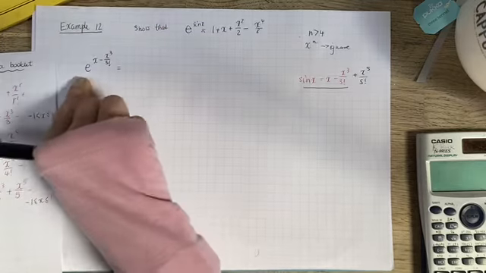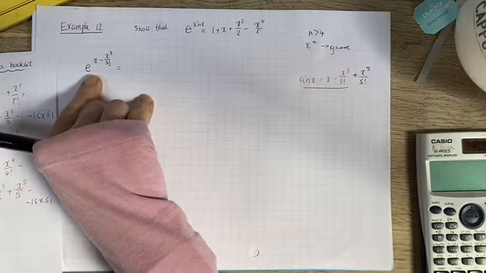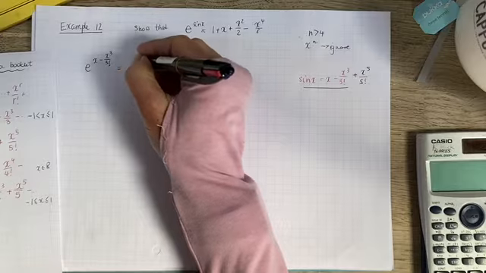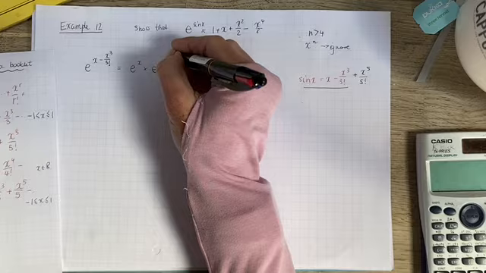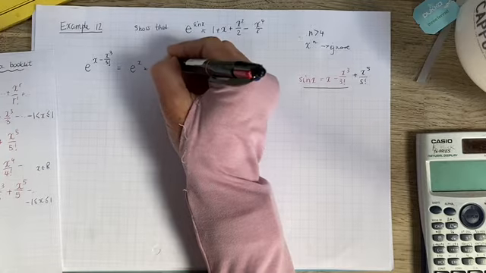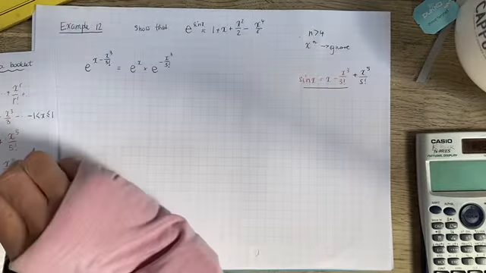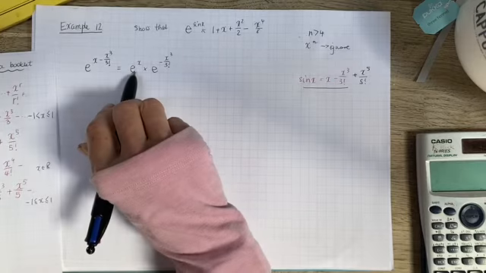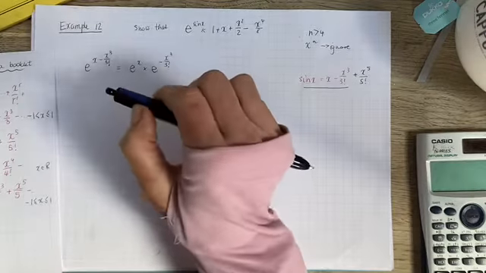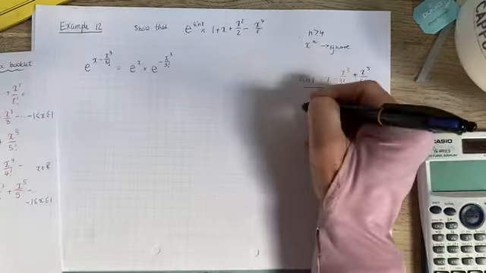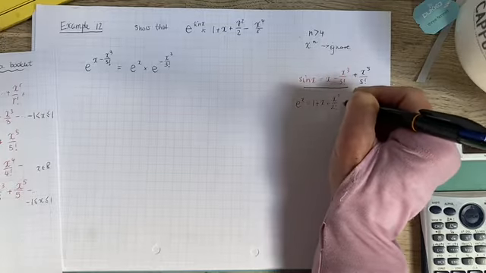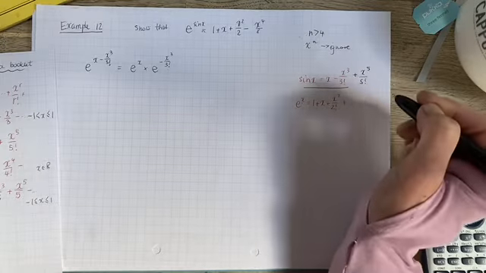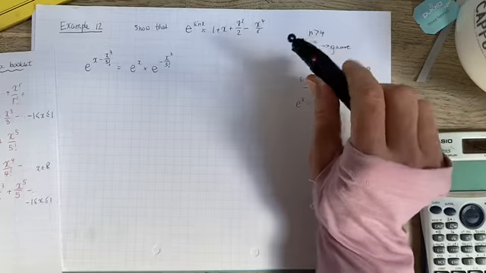And the next thing is to split this into two terms: e to the power of x times e to the power of minus x cubed over 6, which is 3 factorial. Now we can have a glance at the expansion of e to the power of x, which is 1 plus x plus x squared over 2 factorial plus x cubed and x to the power of 4 as well.